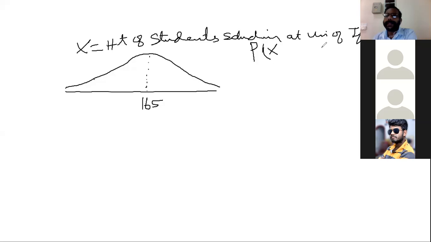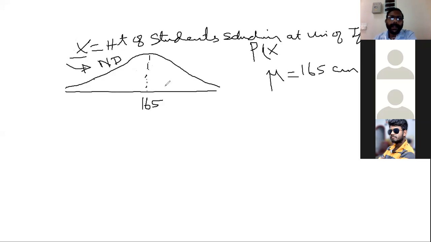Can you remember in the first day we talked about students' average height? So X is actually distributed normally. This is a normal distribution. So this is how the distribution looks like. So we found that the mean value, or in other terms mu, for this example is 165, in centimeters.